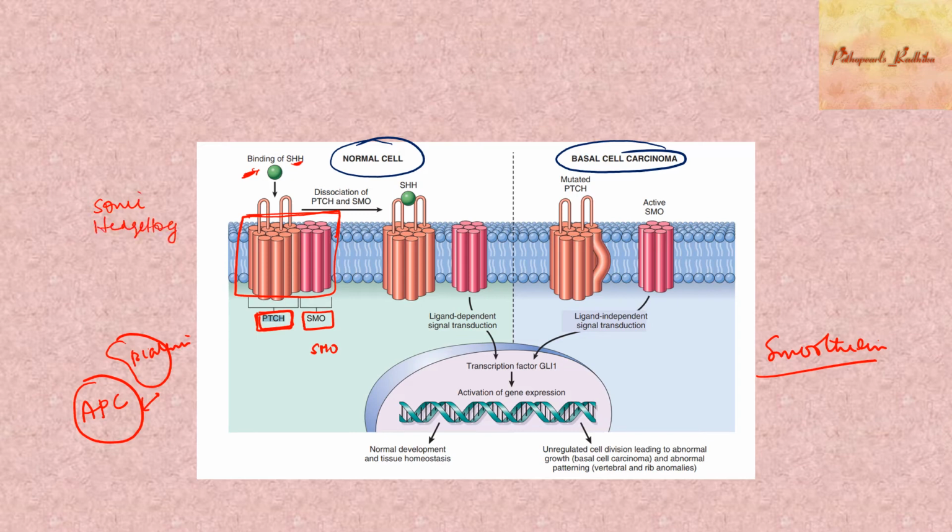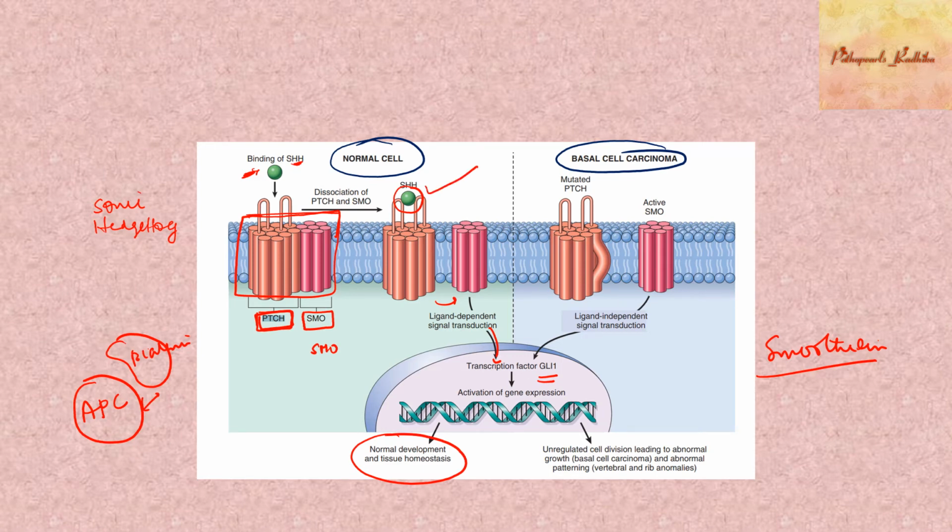So whenever the sonic hedgehog sits on this patched protein, smoothened will dissociate. It will go to the nucleus and cause activation of transcription factors, one of which is GLI1, which leads to proliferation of cells. So it's involved in normal development and homeostasis. This should happen only when you have a signal.